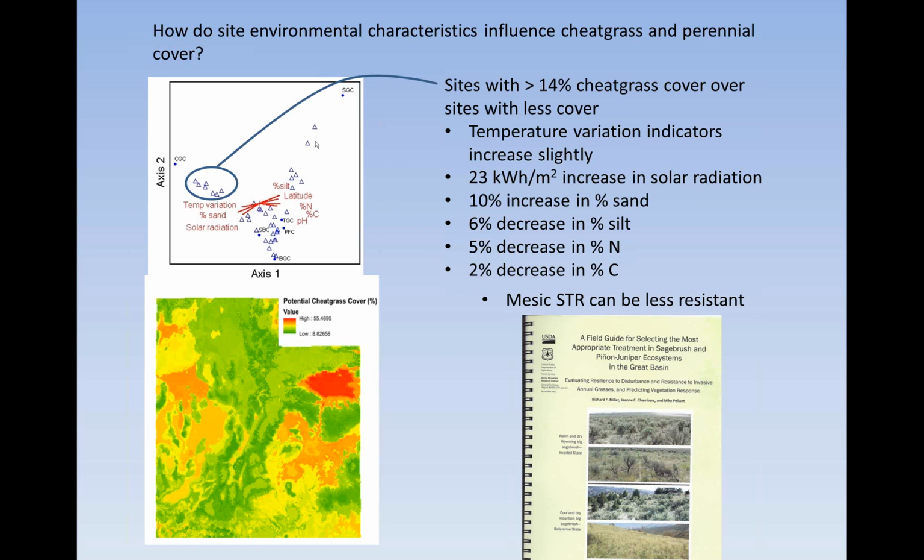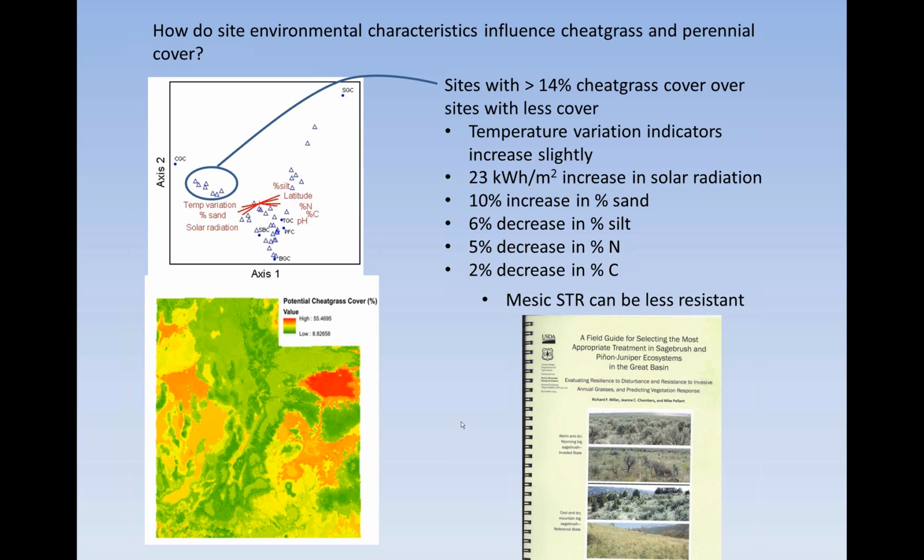We also found that sites with more cheatgrass tend to have greater temperature variation, increased solar radiation, and increased sandy soils compared to the less dominant cheatgrass sites. So we're trying to sort that out better, but we haven't figured it all out yet. But this soil temperature regime guide is a good one to go by, and this is an excellent publication to guide you in your selection.